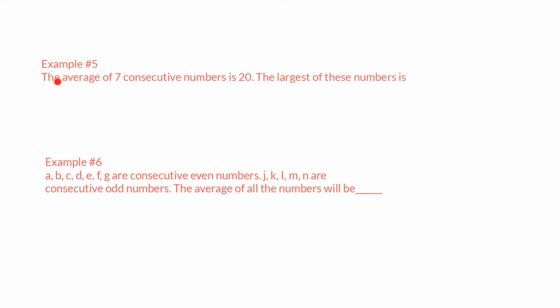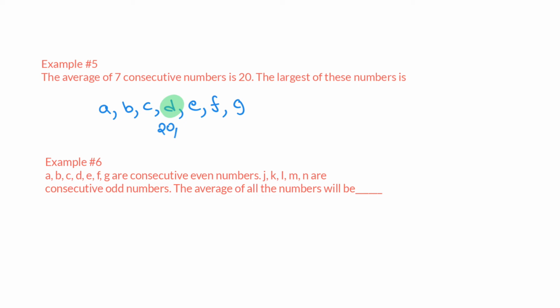Next example, the average of 7 consecutive numbers is 20. The largest of these numbers is. Here in the problem definition, 7 consecutive numbers average is given to us. Let us designate those 7 numbers as A, B, C, D, E, F and G. From quick trick 1, we can say that the average value of this sequence would be the middle number which is D. So the value of D is 20.